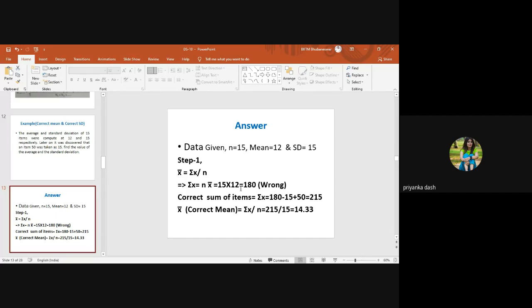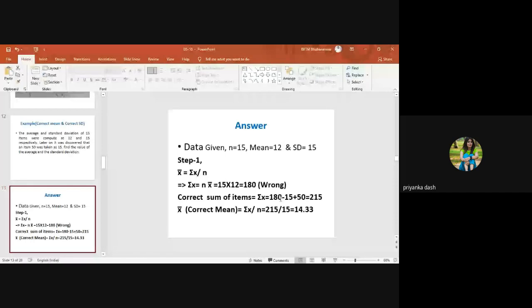We have to calculate the correct mean because it was found that the 50 was written as 15. The incorrect value should be subtracted from the summation. Here I write the sum of items, from 1 to 15, which means 180.